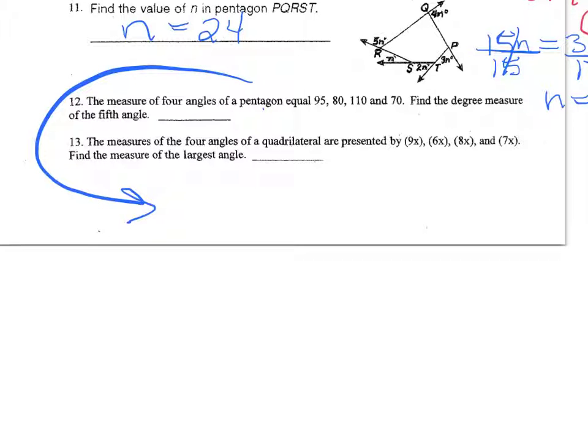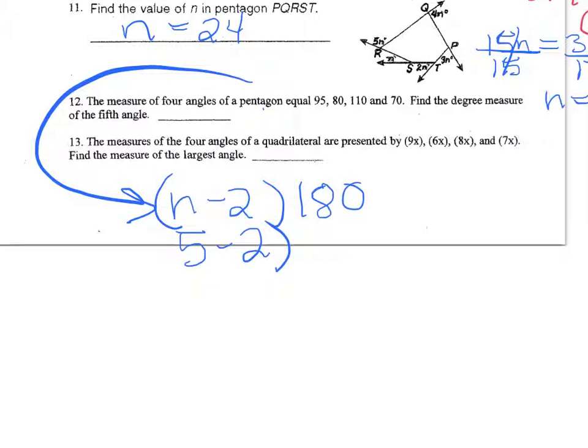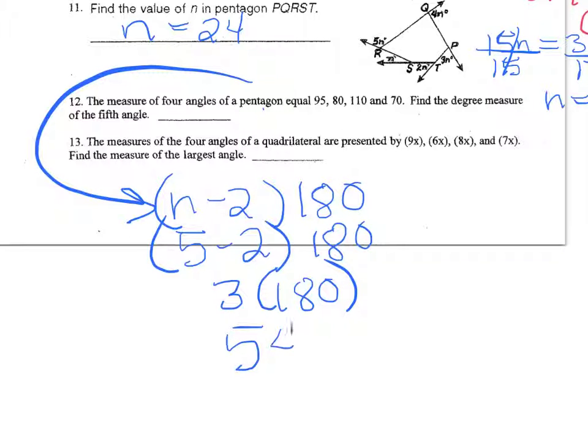So n minus 2 times 180, and this is 5 minus 2 times 180. 3 times 180 is 540.